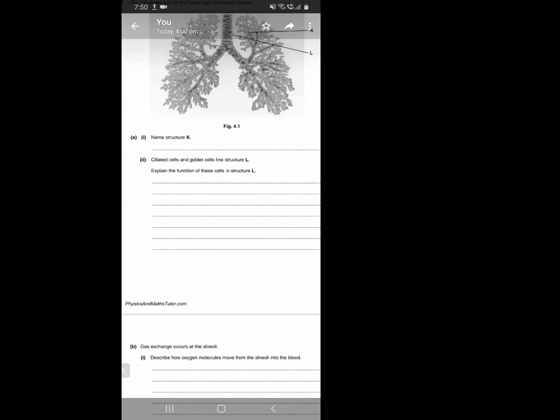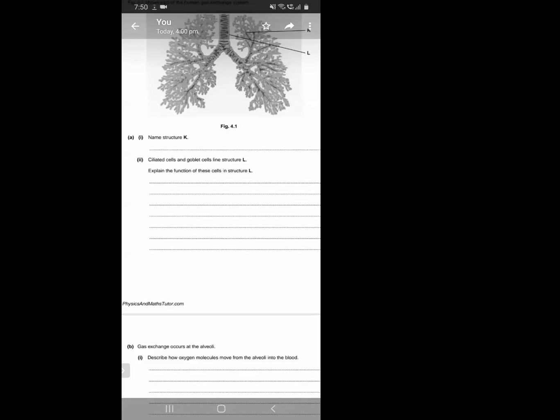Okay, now, so this is how the goblet and the ciliated cells protect the alveoli from dust particles and pathogens entering. I want you to write this final conclusion sentence at the end of your answer. And then for B part 1, just describe the movement of oxygen from the alveoli into the blood. That's it, because that's what the question is asking.